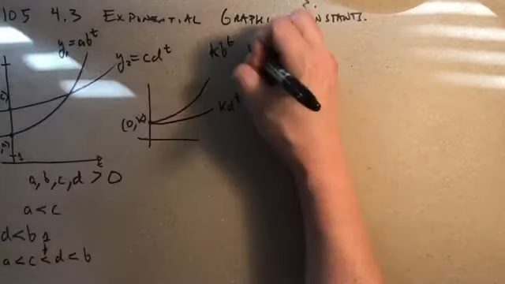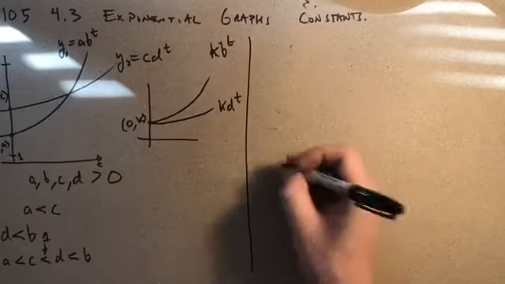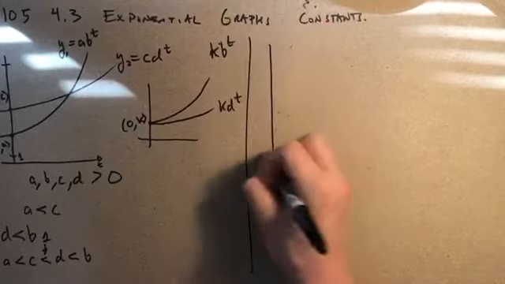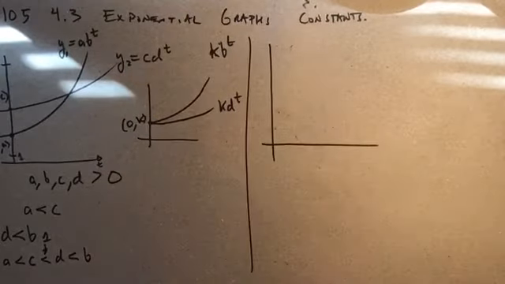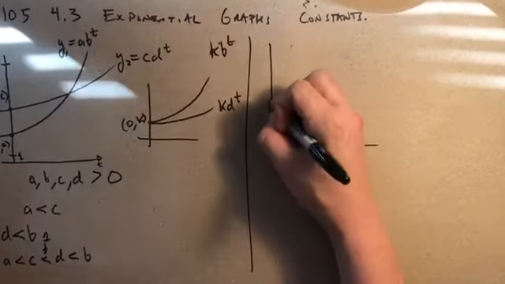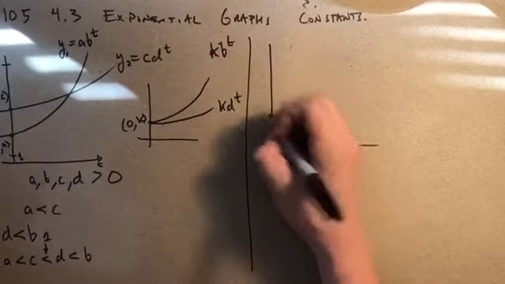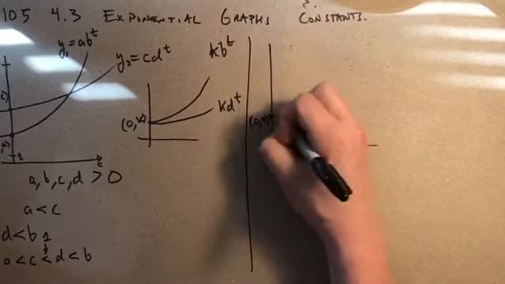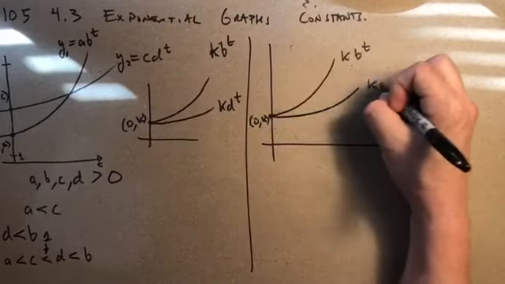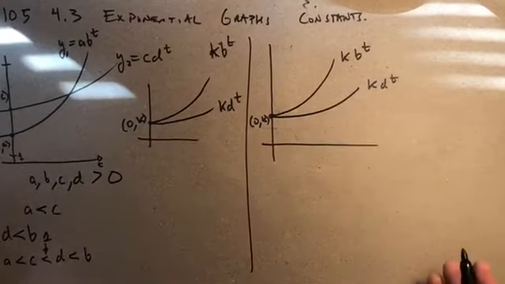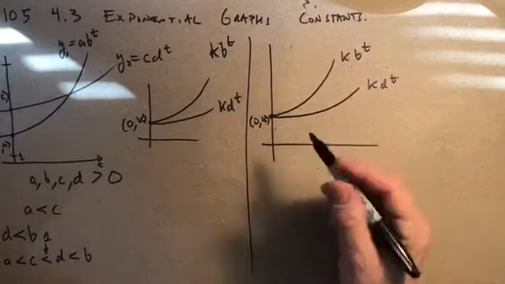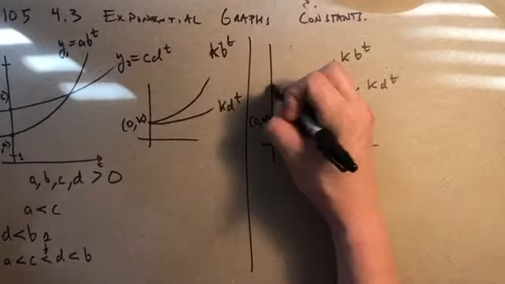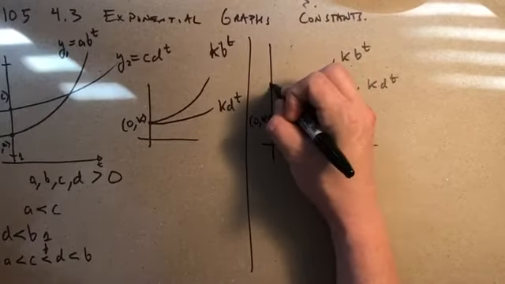Let's do one more example. This example is much trickier for us to think about. What I'm going to remind us of here is if I started out at some point, let's call that 0 k again, and I did something like k b to the t and k d to the t, and now I'm going to have a different point here.